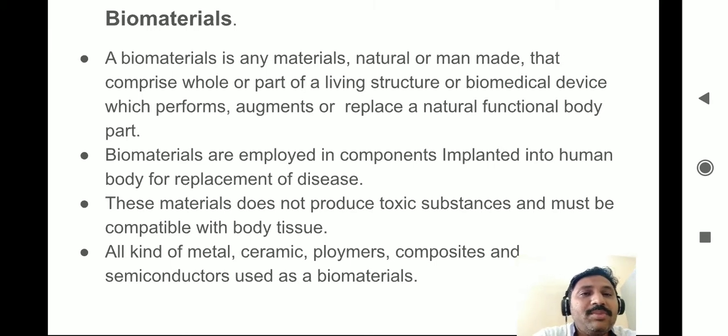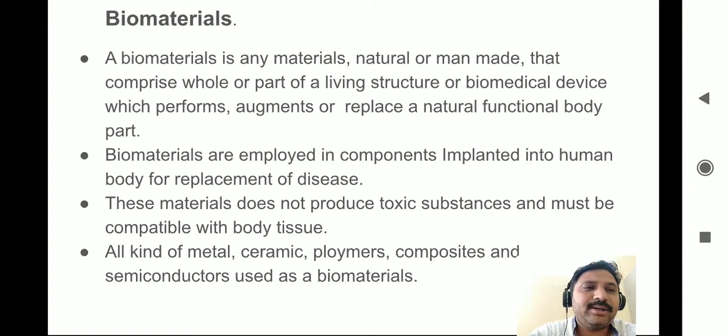Biomaterials are employed in components implanted into the human body for the replacement of a diseased part. A simple example is when you go to a dentist. Some of your teeth are not in a good position, so they may be removed and a new tooth may be implanted.